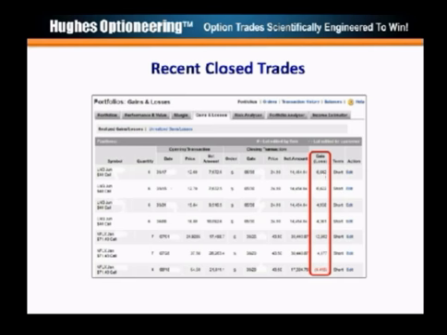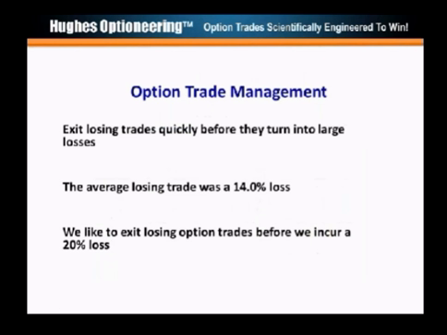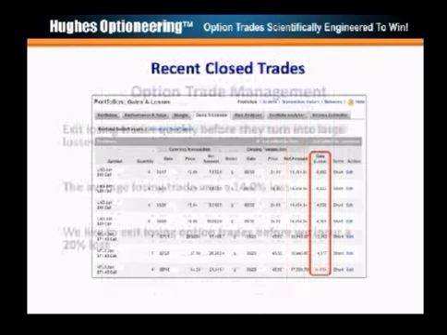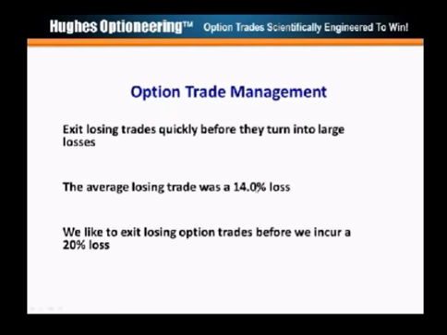So what I did was I tallied up the losing trades in those closed out trades and compared them to the winning trades, to demonstrate that you want to exit losing trades quickly before they turn into large losses. So in these 2 snapshots, our average losing trade was 14%.